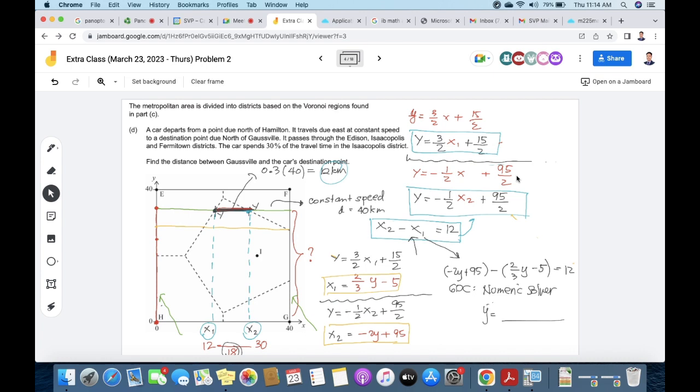So what is y equal to then? Yeah, that's it. 33 kilometers. Don't forget to use the unit kilometers. Okay, and that's how to solve for letter D.